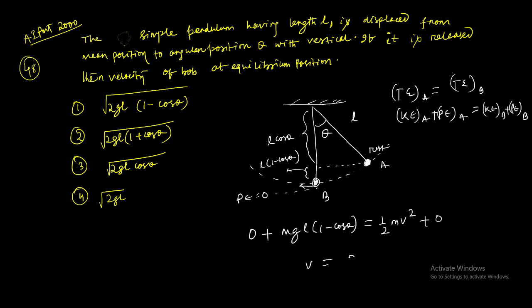So v will be root of 2gL(1 minus cos theta), because m gets cancelled out. So option 1 will be correct.